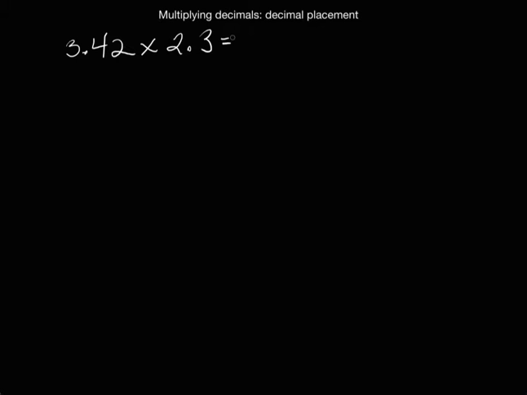So let's go ahead and I'll rewrite 3 and 42 hundredths as 342 hundredths, times 2 and 3 tenths, which is 23 tenths.